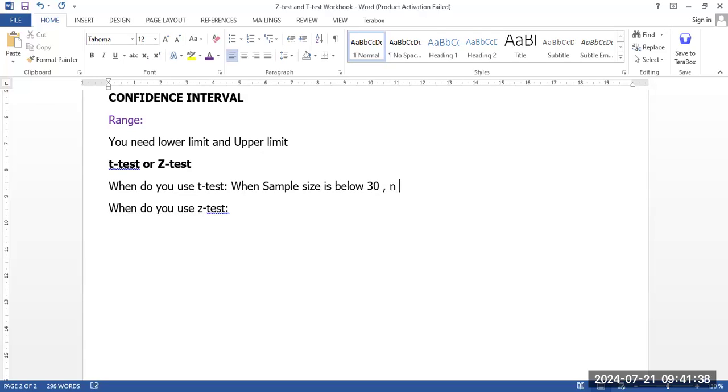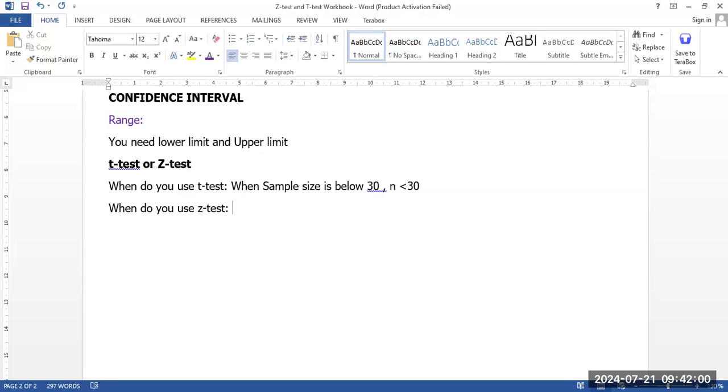That is n, because we said the sign for the sample size is n, but for the population size it is capital N. So here we are saying if it is less than 30, we use t-test.